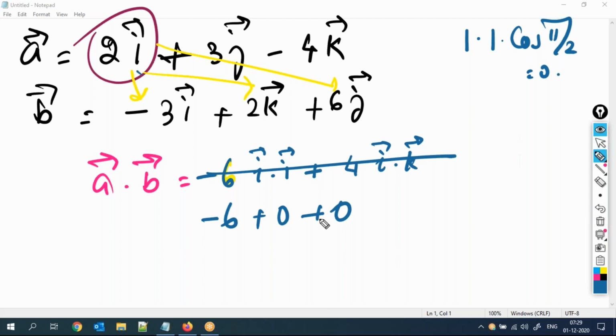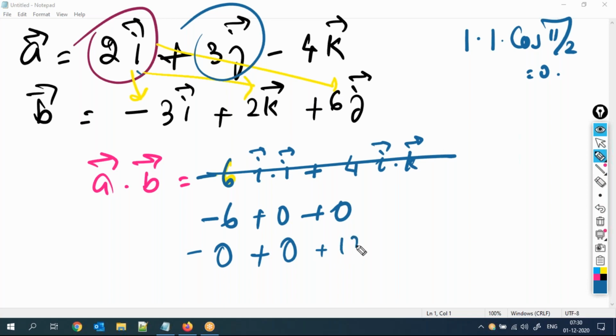Any question? Now we will try with 3j. Please tell me fast. First one will be -9 j times i. That is 0, because j and i will be cos pi by 2. And then 0. Plus 0, and 9j times j.